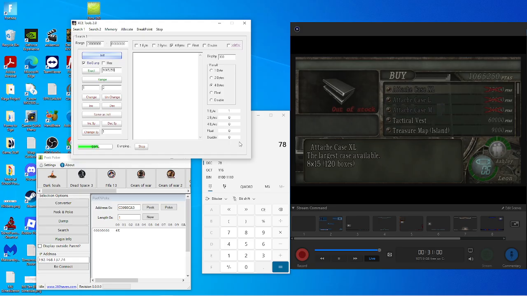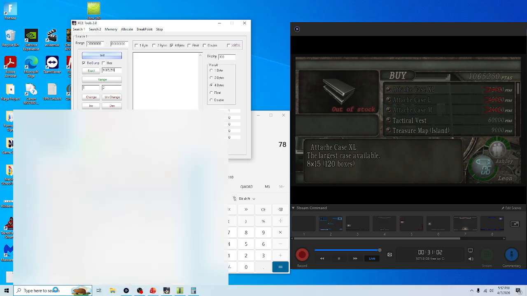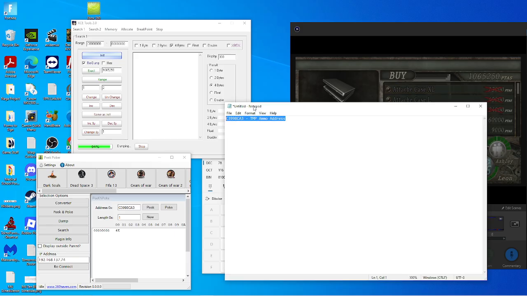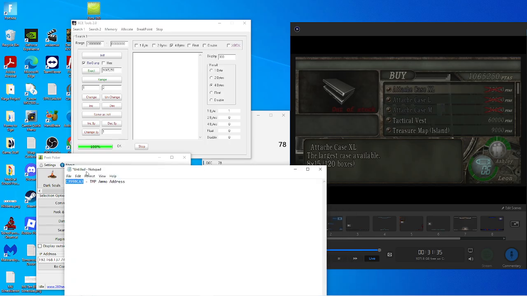My suggestion after you've found an address is to write it down in a notepad file somewhere, so if the address is static, you can remember to come back to it later and mod it another time. However, I know that this is a dynamic address. So, hooray. That's not going to be the same the next time I turn the console off and on.